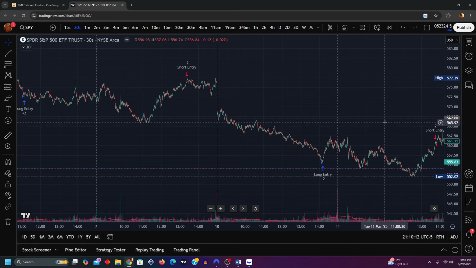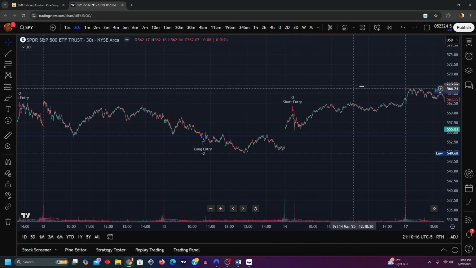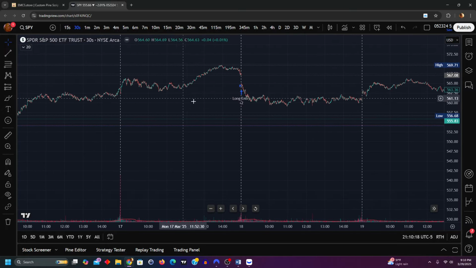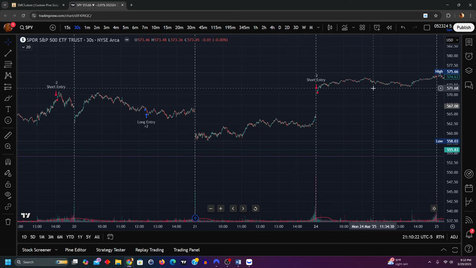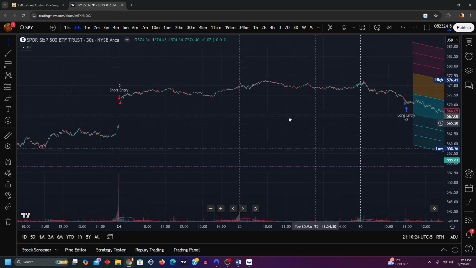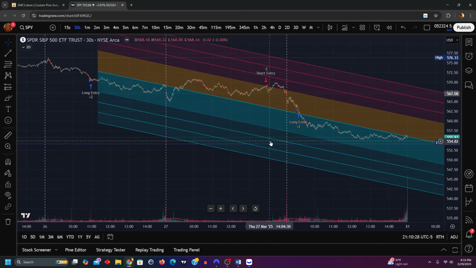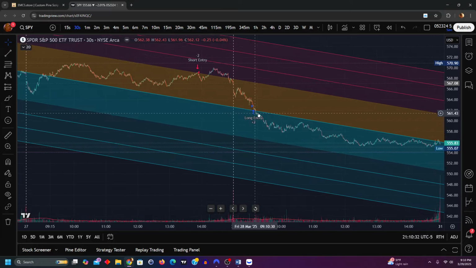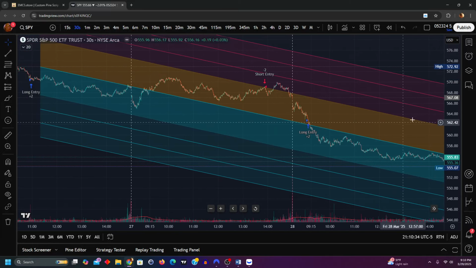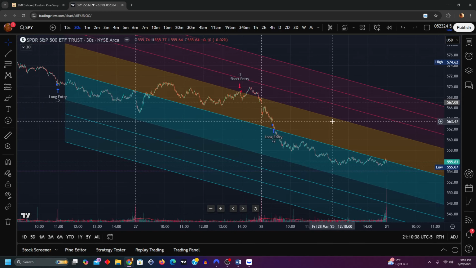So that doesn't sound like a lot, right? But again, we trade options. So what does that mean and translate into? So here was the last trade, or the last two, you know.